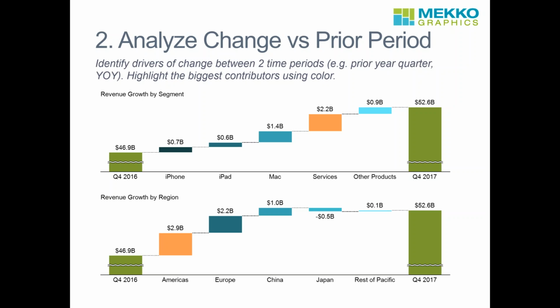One was by segment, so you can see here that services contributed most to growth, and the second was by region, and you can see here that the Americas contributed most to growth. In terms of making the chart, there are really three things I wanted to highlight.